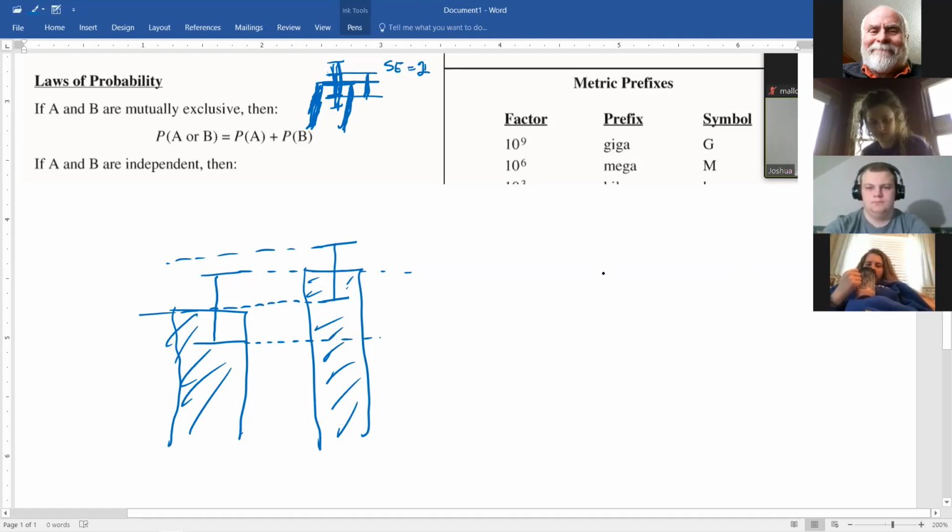So let's try looking at it this way. 8 plus or minus 2. 9 plus or minus 2. Careful. Are those different numbers?